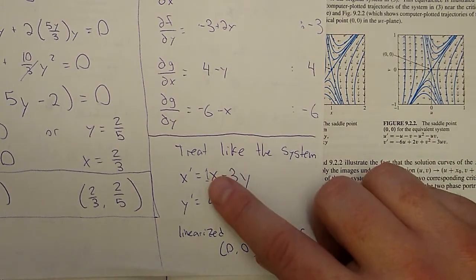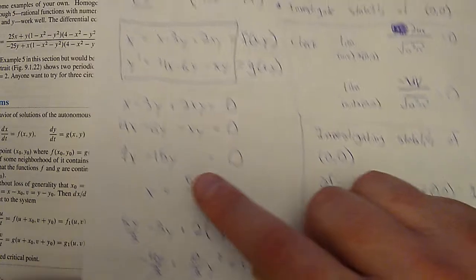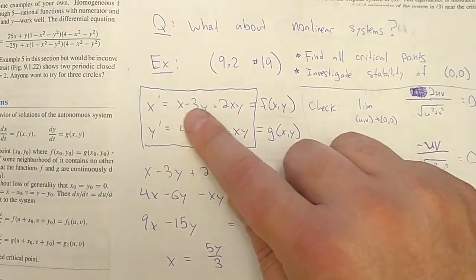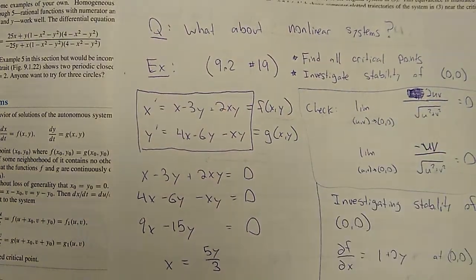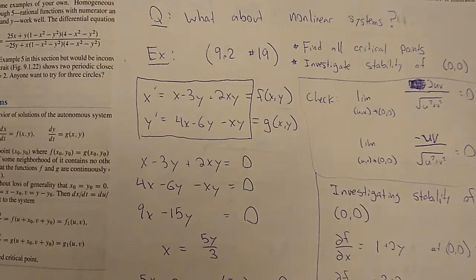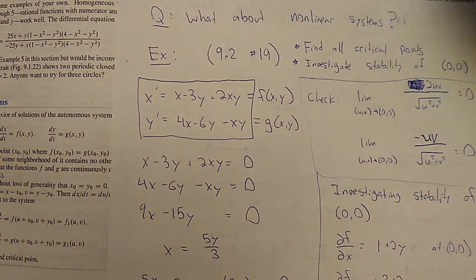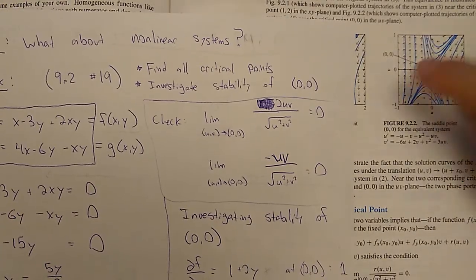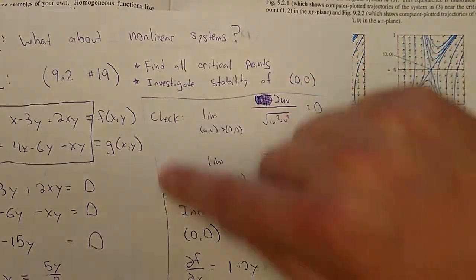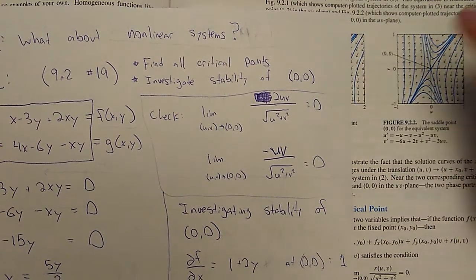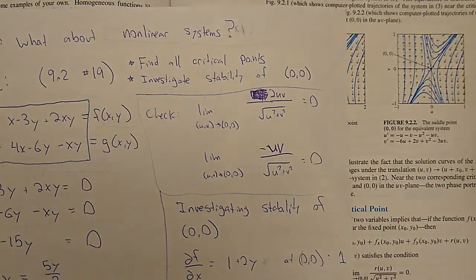It's just 1x minus 3y. That's what I would get up here if I just dropped that term. And for y prime, it's the same. So these things that got dropped, basically what we're assuming is that those are negligible. And this is why in this box you can check that these things actually are negligible.